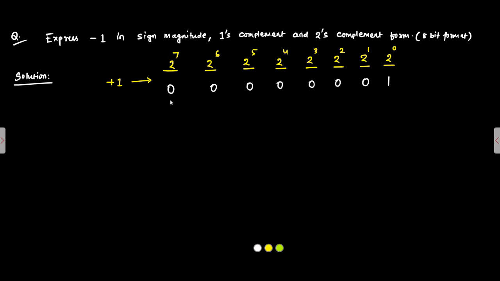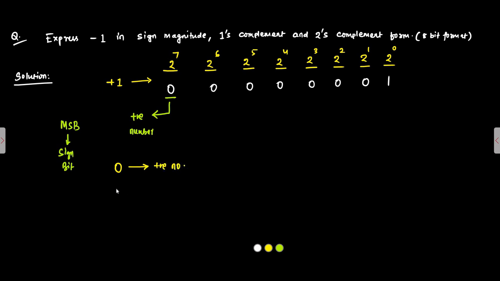Now in sign magnitude, this MSB bit is called the sign bit. If this MSB bit is 0, it is a positive number.